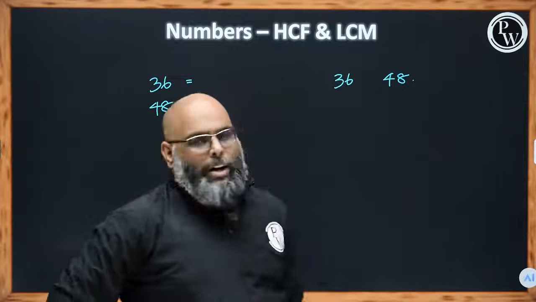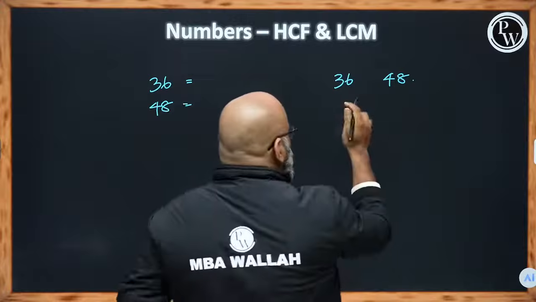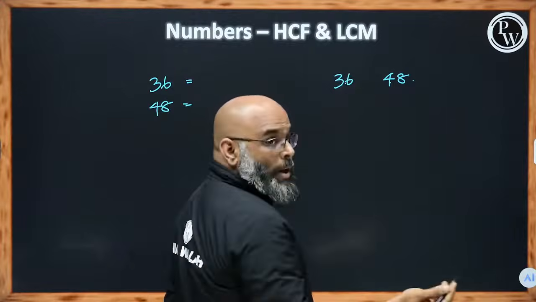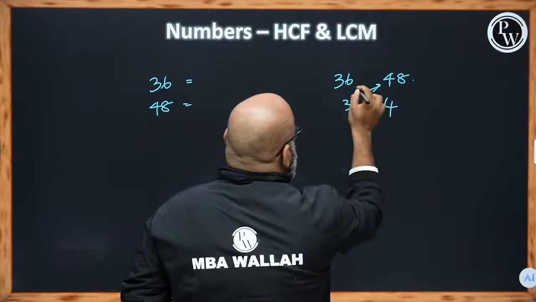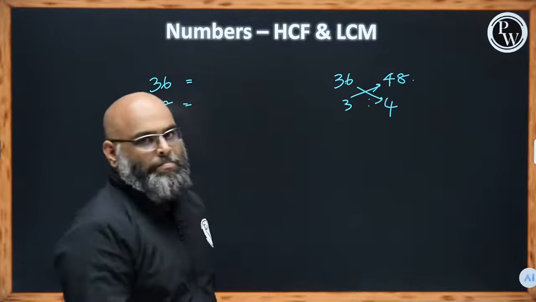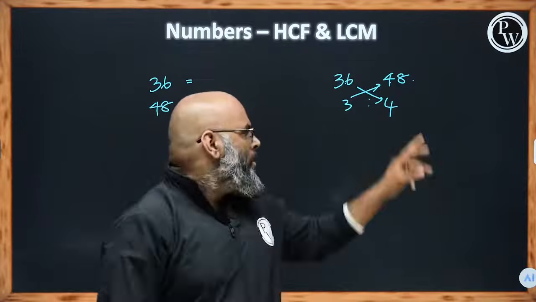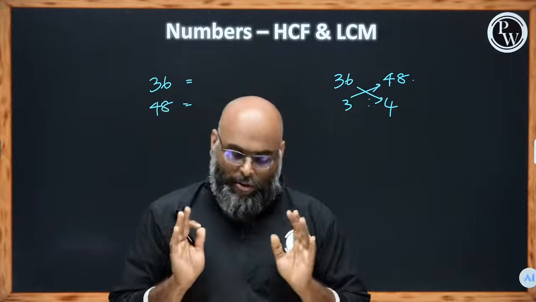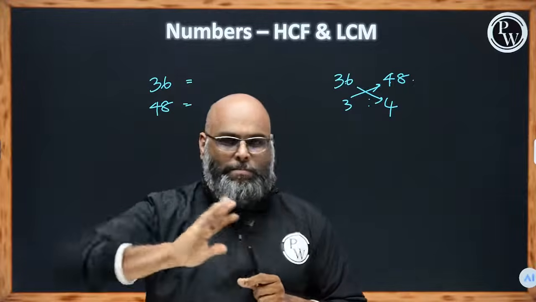Both of them go well in 12. So this is 3:4. Simply multiply either this or this to get your LCM. 36 into 4 is 144. 48 into 3 is 144. That is your LCM. If you know how to find your HCF, you can find your LCM.